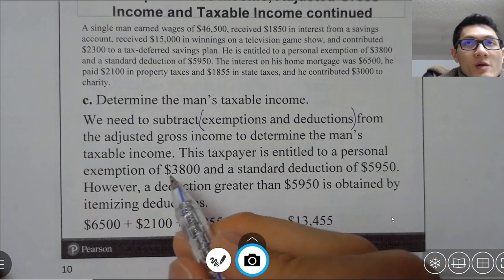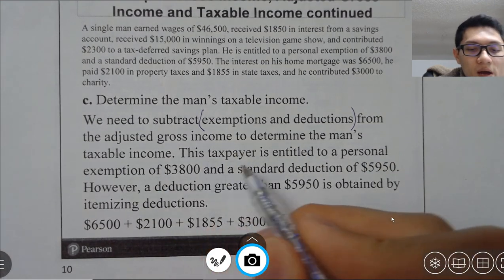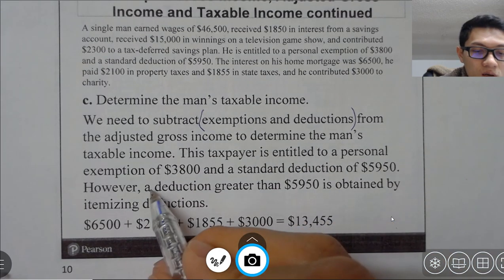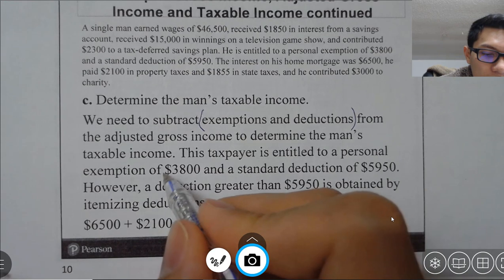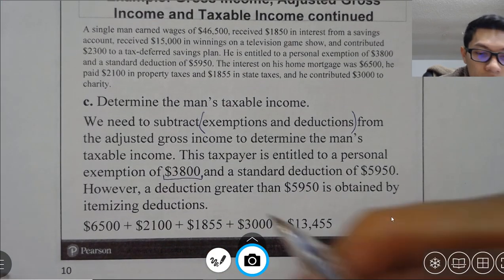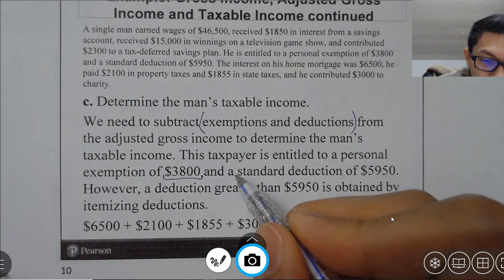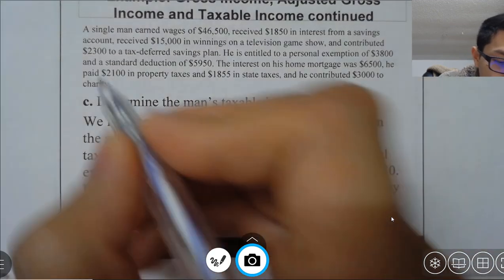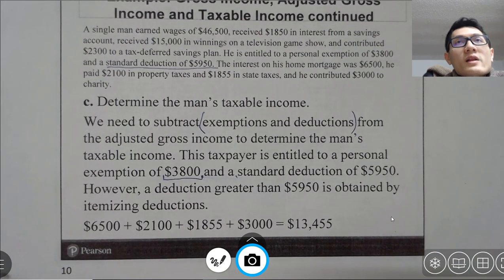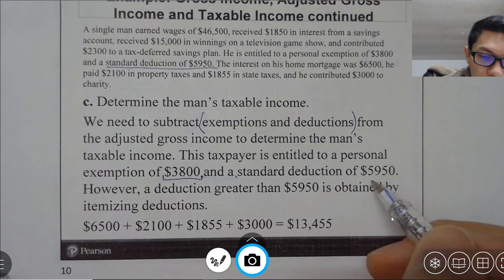Now, this taxpayer is entitled to a personal exemption. He has his personal exemption of 3,800. And he also has a standard deduction. This is the standard deduction right here, 5,950.